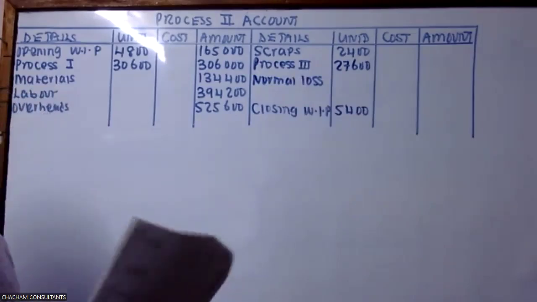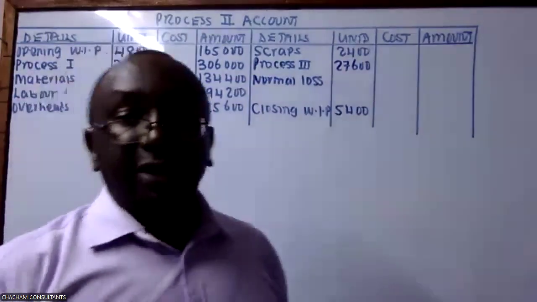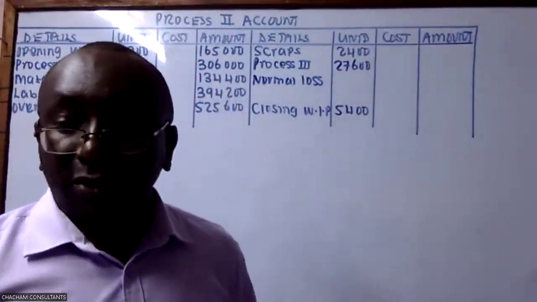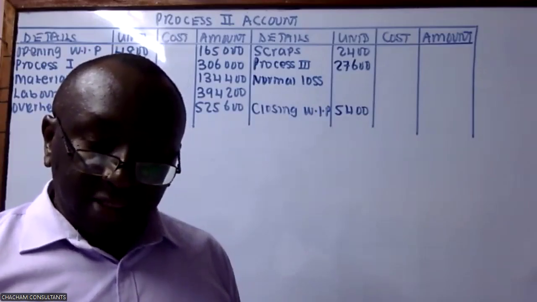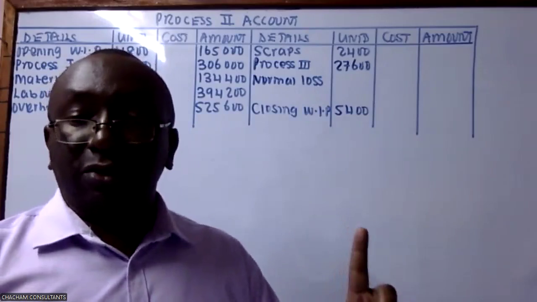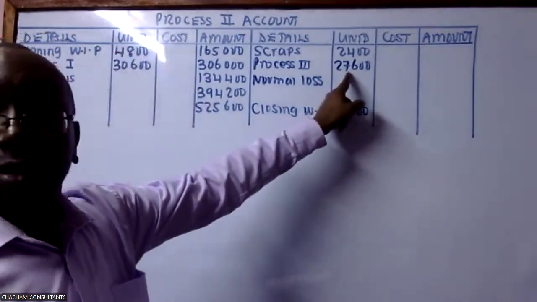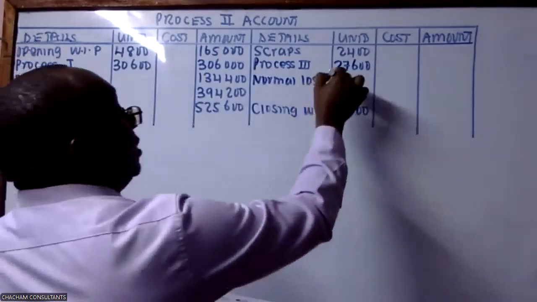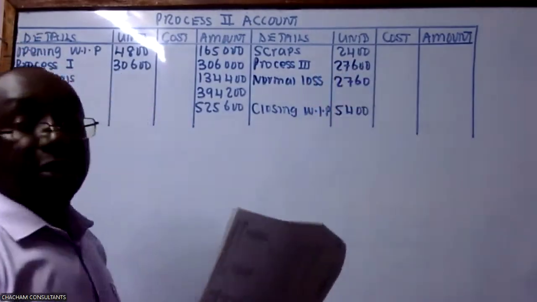So they are saying normal loss is 10% of production. It's always good to pay attention to the wordings used to describe normal loss. So here they are telling us it is 10% of production. So the production in this process is this one. So 10% of that will be 2,760.